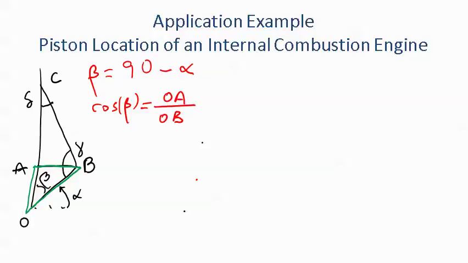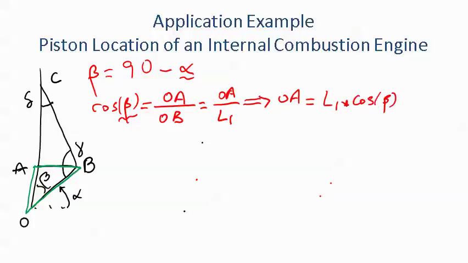But the hypotenuse OB is known. It's equal to L1. So knowing also angle β, because alpha is a known angle, we find out that OA, apologize here, OA is equal to L1 times cosine of angle β.